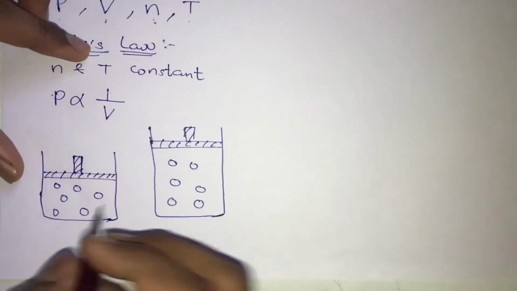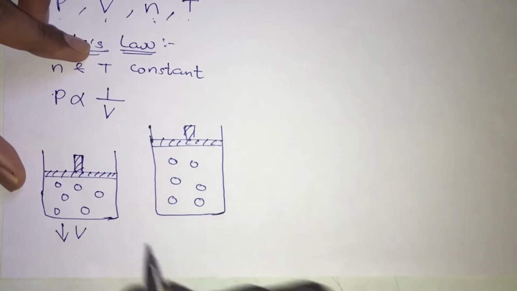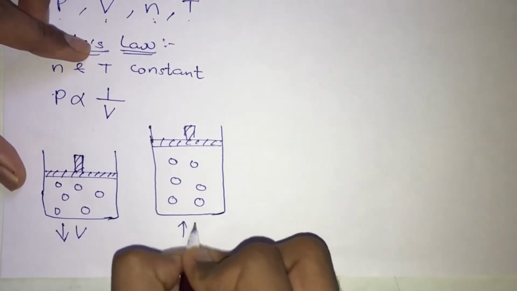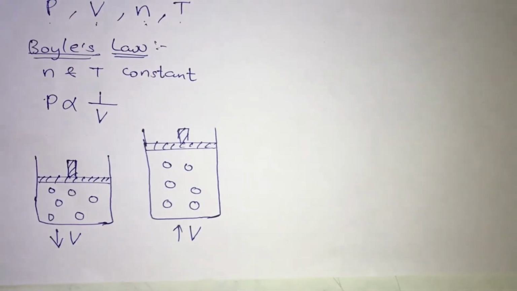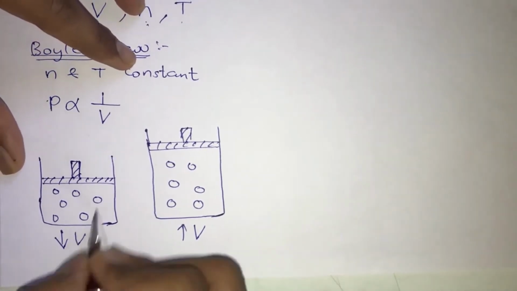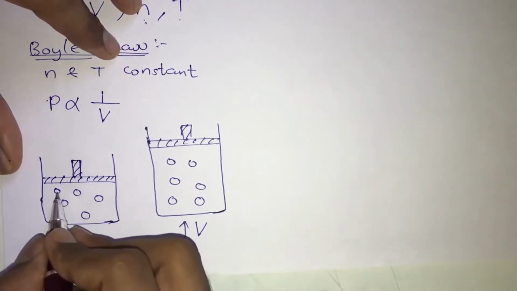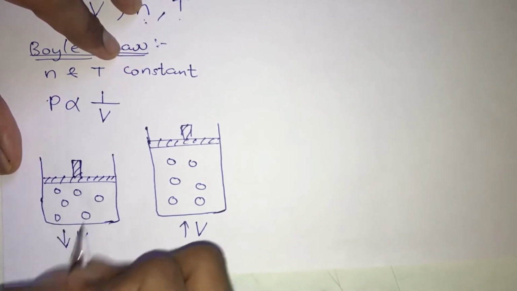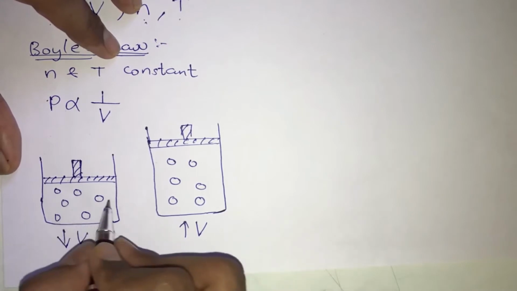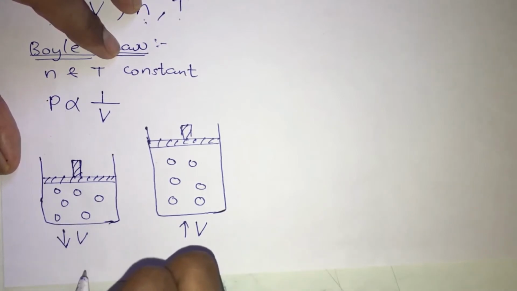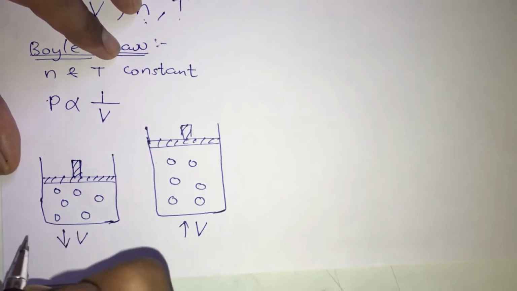Okay, so can I say that here there is less volume and here the volume is greater? Am I right? Now since the volume is less over here, these 6 molecules are going to exert force on the container.